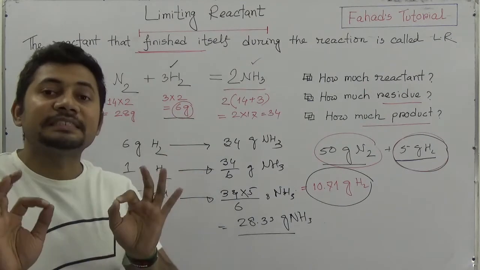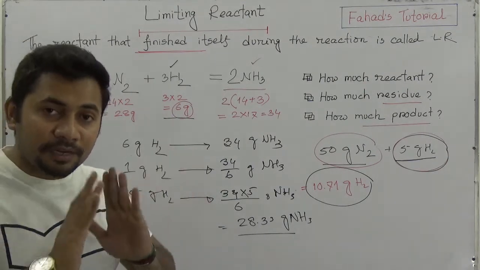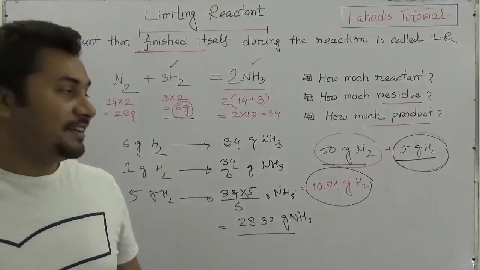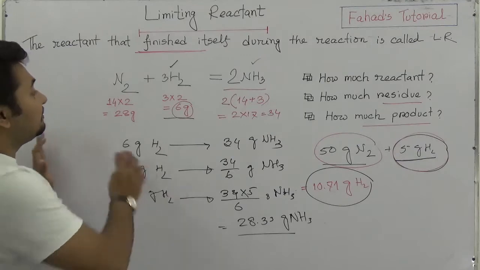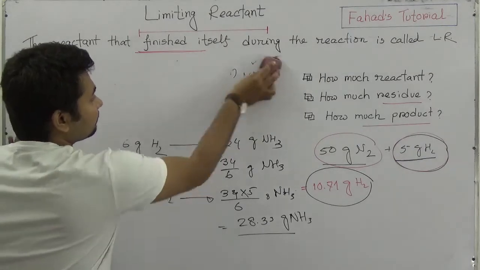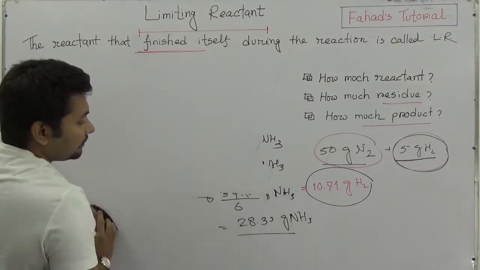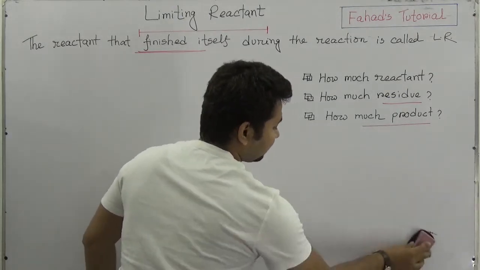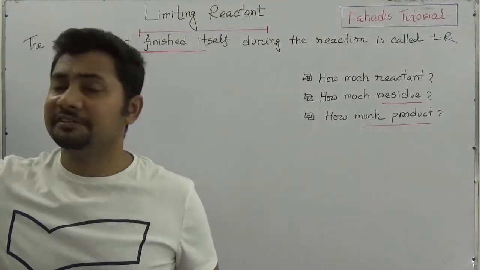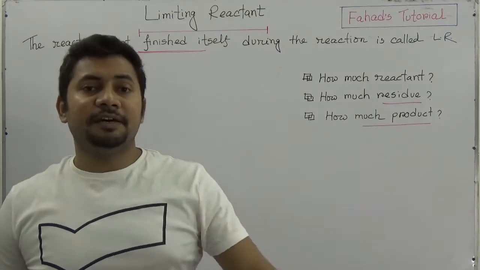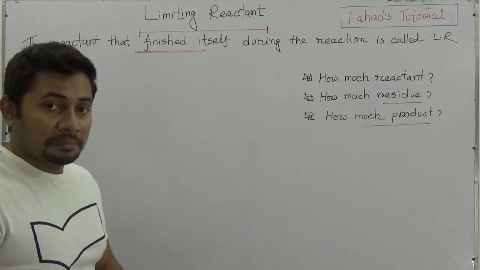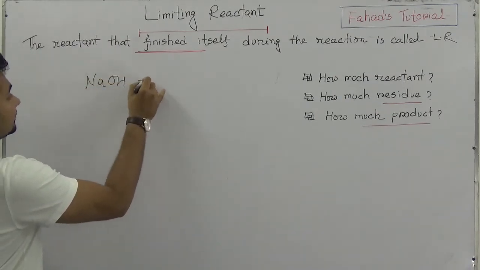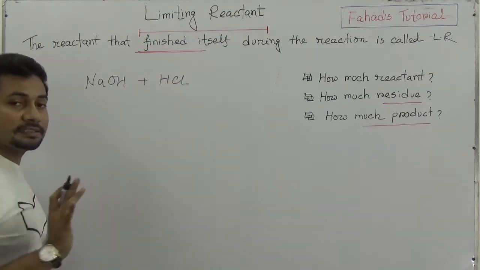So I am giving you a single example, but whenever you open a question, you see a number of examples of limiting reactants. Suppose the question is that 500 gram sodium hydroxide is reacting with 500 gram hydrochloric acid.